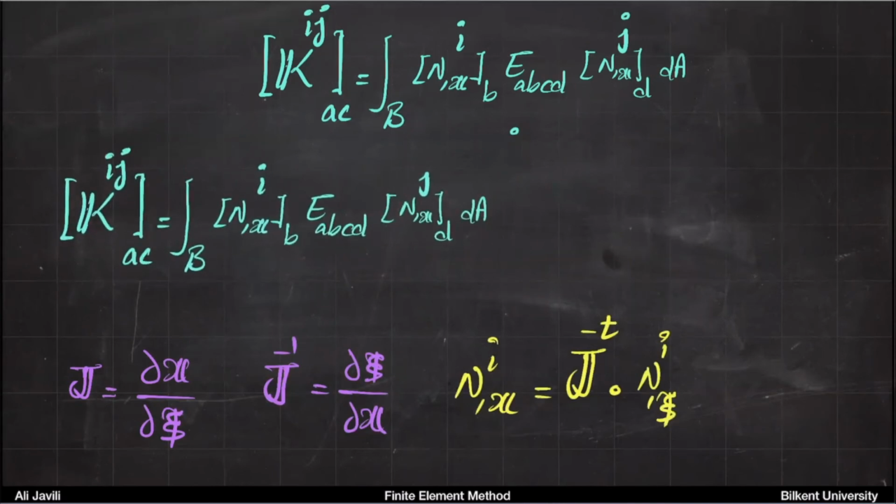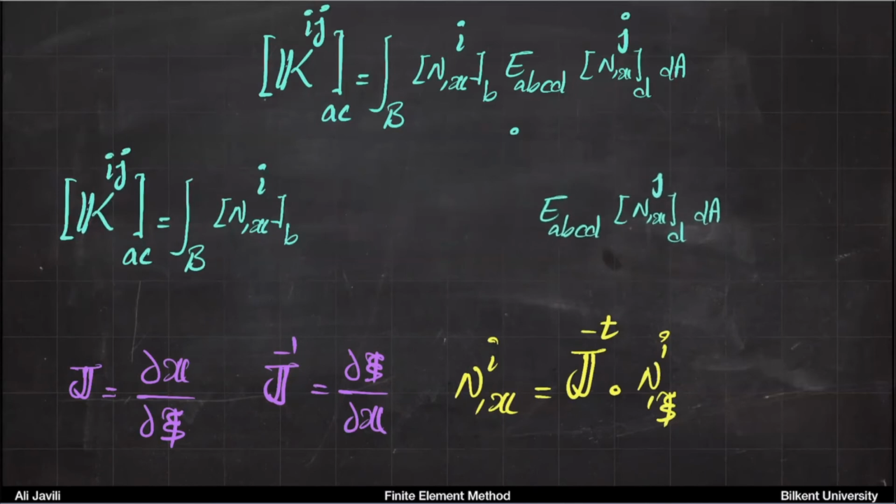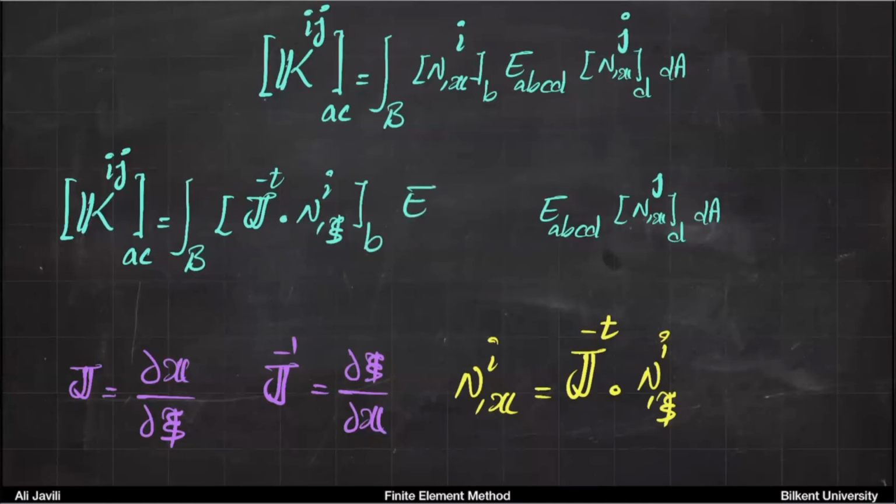Instead of this n_ix, now we can nicely write them in terms of what is left. So this would simply be J inverse transpose dot the n_i, the B component of that, and then your A, E, B, C, D is still there.